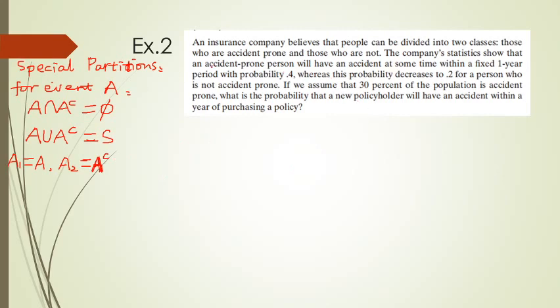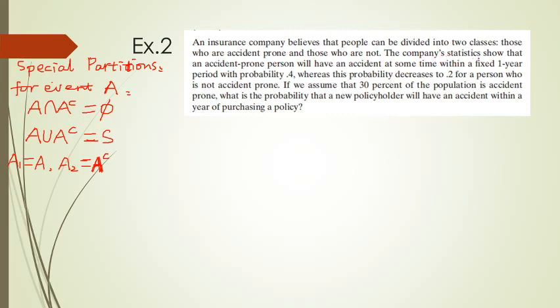Now let's read Example 2. An insurance company believes that people can be divided into two classes: those who are accident prone and those who are not. This is also like a partition, right? Event A: people are accident prone, and its complement will be those who are not accident prone.